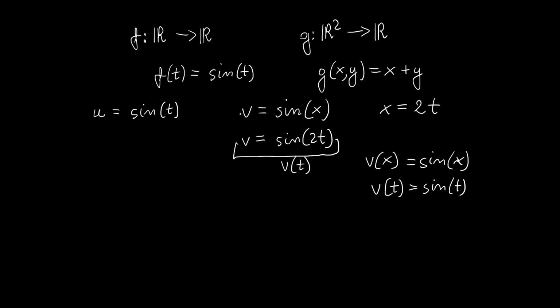And then when we express v as something which exists in reality, as sine of x, and x also exists in reality, but it happens that x is equal to 2t and t is also some value existing in reality, then v depends on sine of 2t, so v is equal to sine of 2t.